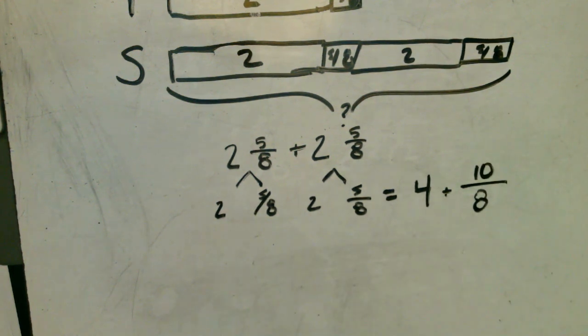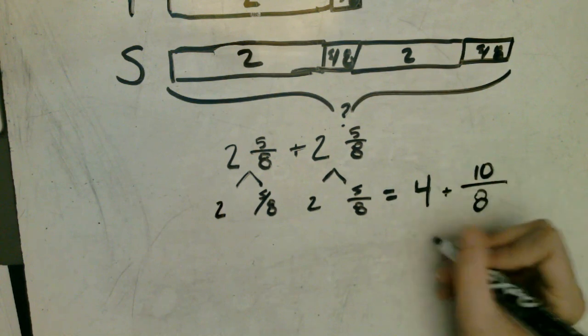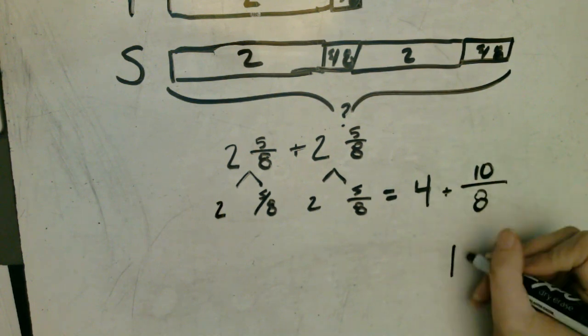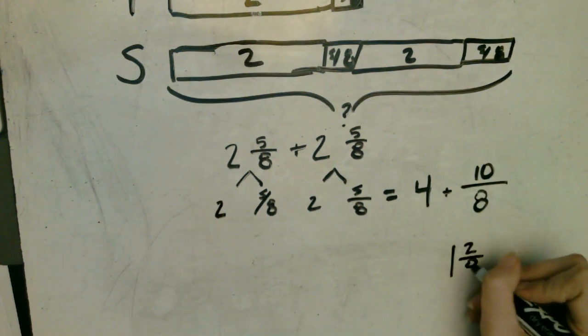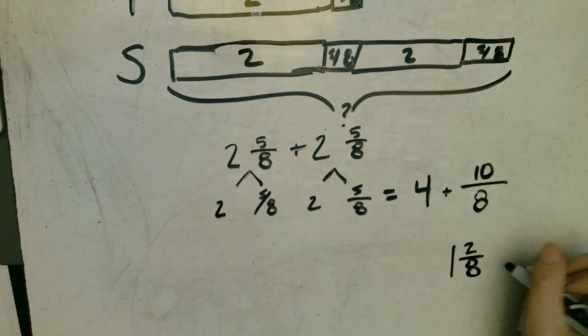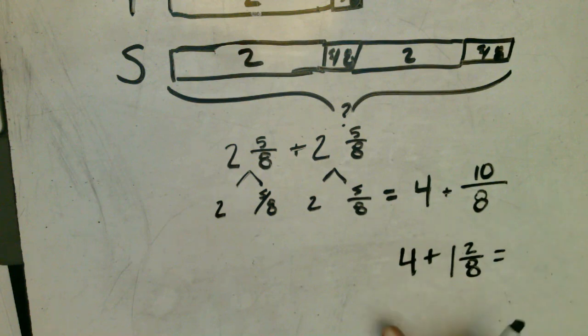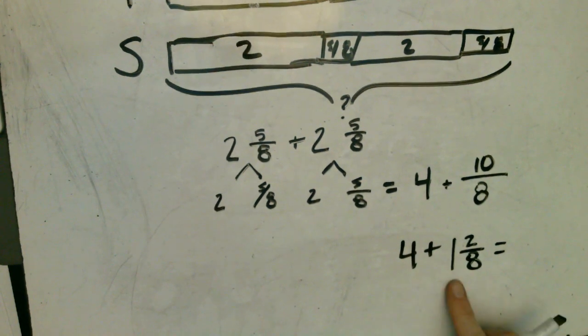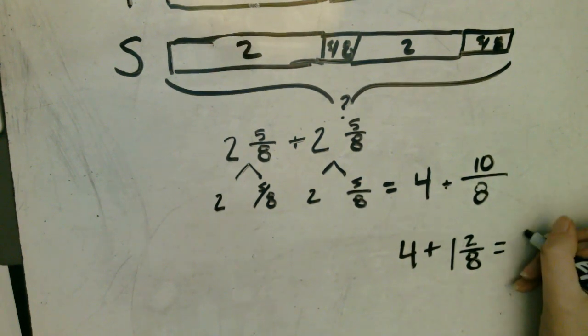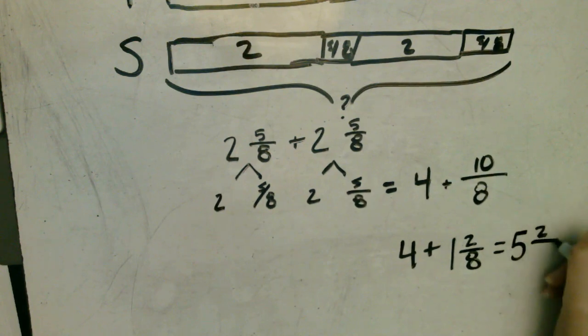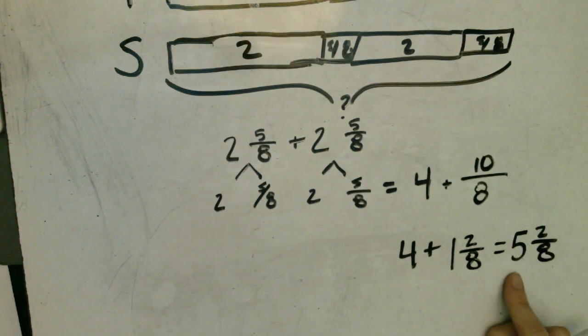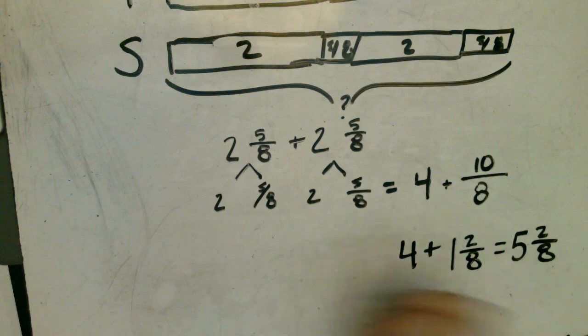We saw this fraction before, right? We know that 10/8 is the same as 1 and 2/8. Let's bring down our plus 4. Now, if we add this whole number and this mixed fraction, do we still get the same answer? Yeah, we still get the same solution of 5 and 2/8.